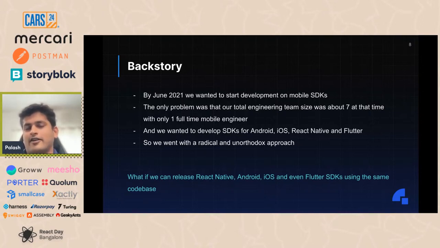What if we could have one common code base that is powering our React Native SDK, Android, iOS, and even Flutter SDKs? More on this later. I know this could be confusing, but I can guarantee it's very interesting. I'll walk you through how we developed each of those SDKs and the problems that we faced developing each of these SDKs. But all of them are written in React Native.